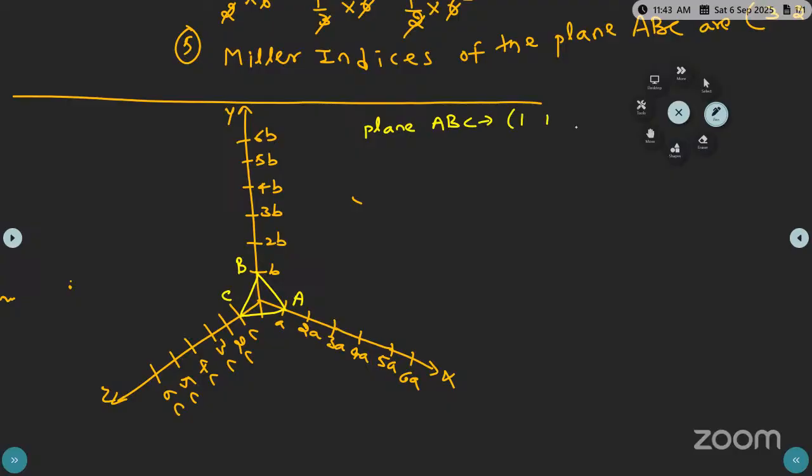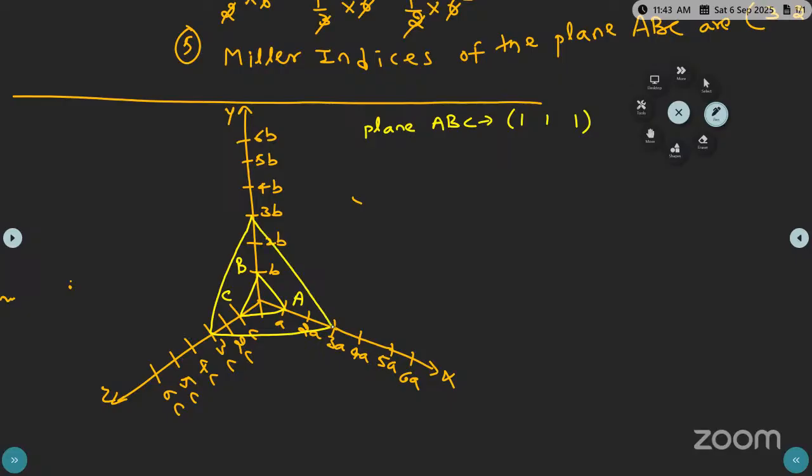Now let's take another plane. Let's consider one more plane, like this, with intercepts 3A, 3B, 3C.